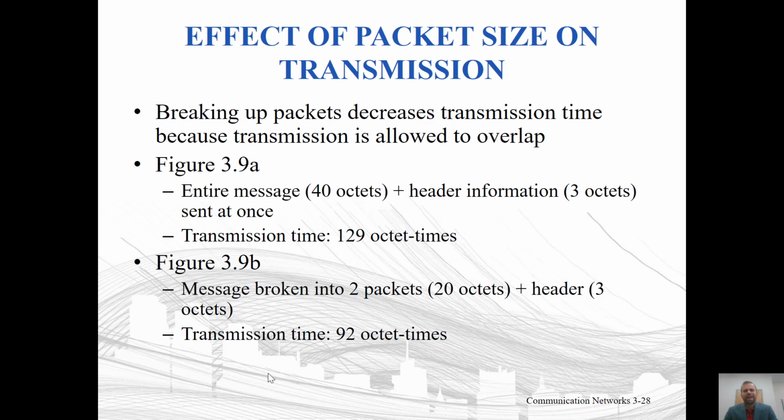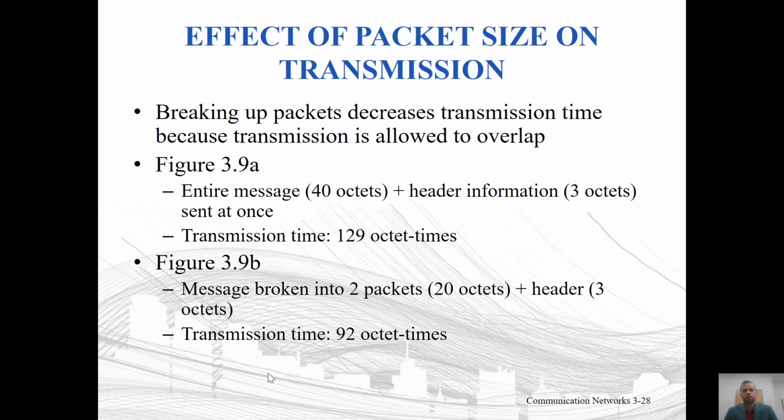All right, so packet size and its effects on transmission. Breaking up packets does decrease transmission time because transmission is allowed to overlap. So I'll show you this in a little bit, but you have basically your entire message plus header information sent at once, and that gives you a transmission time of 129 octet times.